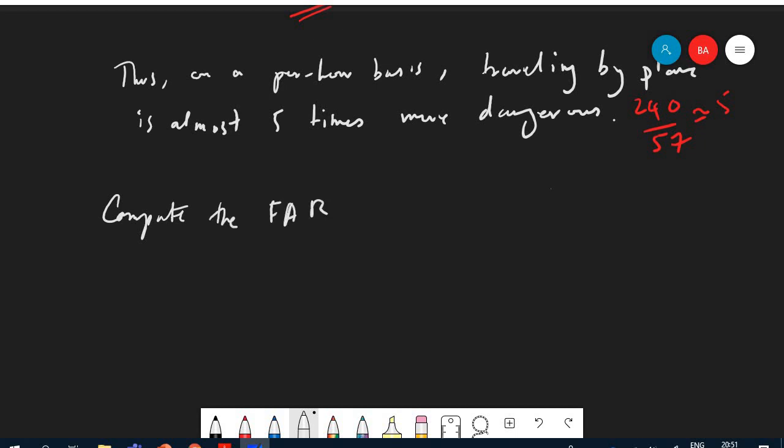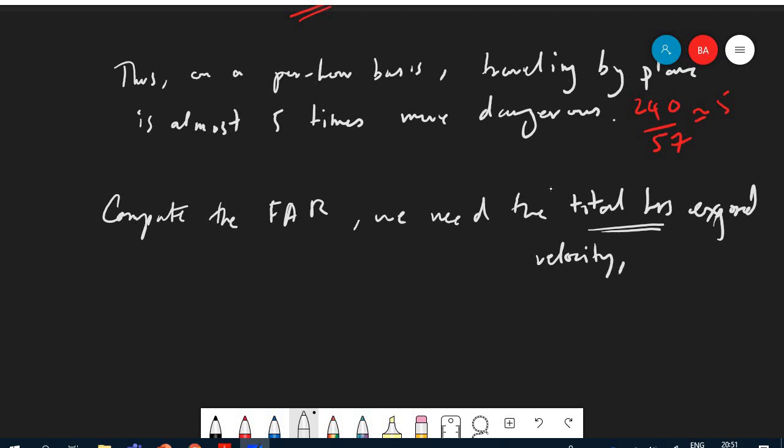What do we need to compute it? We need the total hours exposed, right? Because we cannot calculate it without knowing the total hours exposed. So to know the total hours exposed, if we have a velocity and we already have the number of miles, which is the distance, we can calculate the time from this, right?